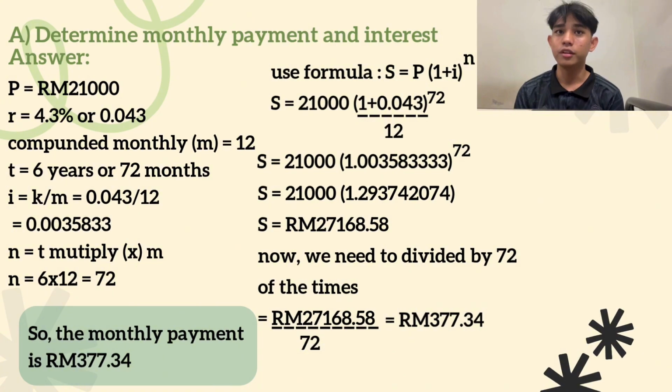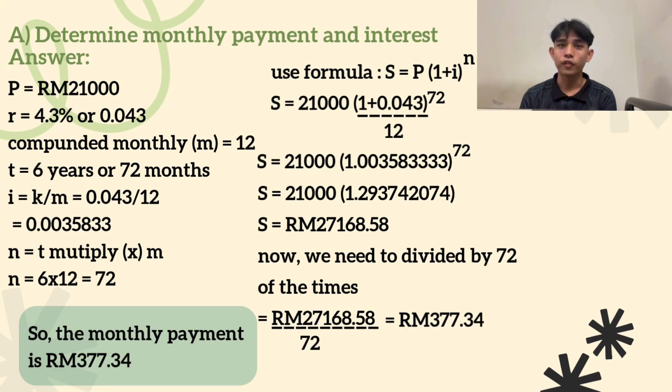The time is 6 years or 72 months, and i is r per m, which is 0.043 over 12, so the answer for i is 0.0035833. Next is n. n is t multiplied by m, which is 6 multiplied by 12 equals 72.